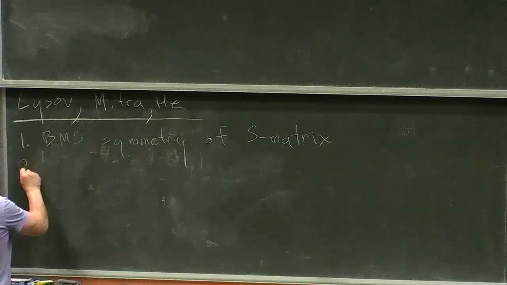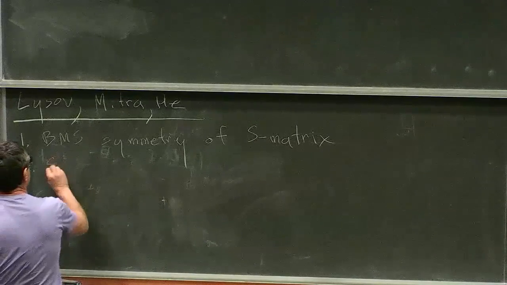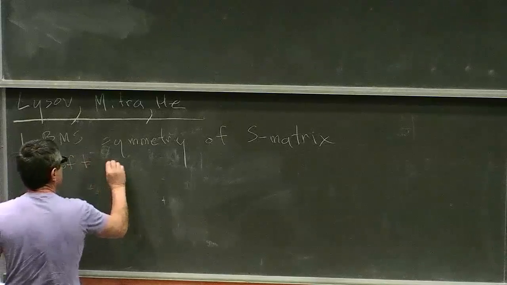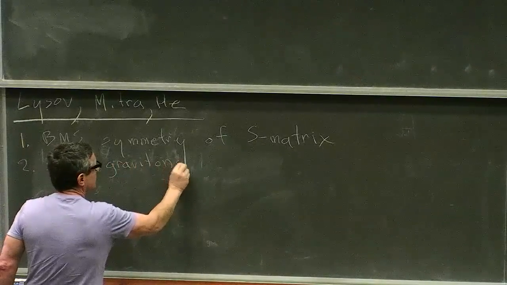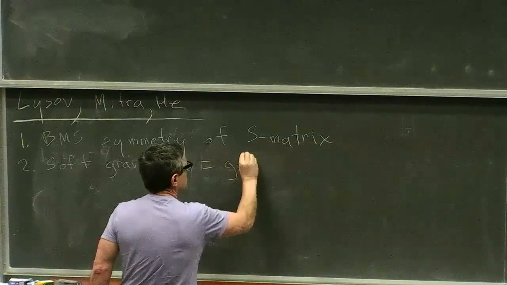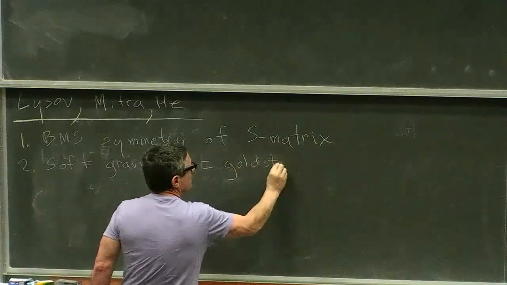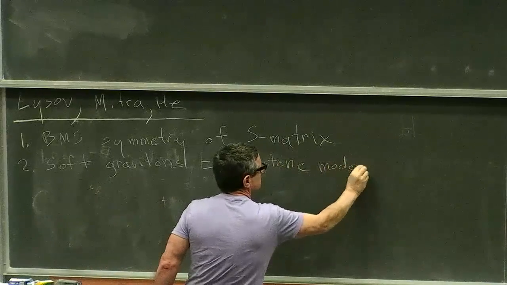It's a spontaneously broken symmetry. And a second point is that what we call soft gravitons, a word that gets used a lot in scattering theory, are exactly the Goldstone bosons of this spontaneously broken symmetry.